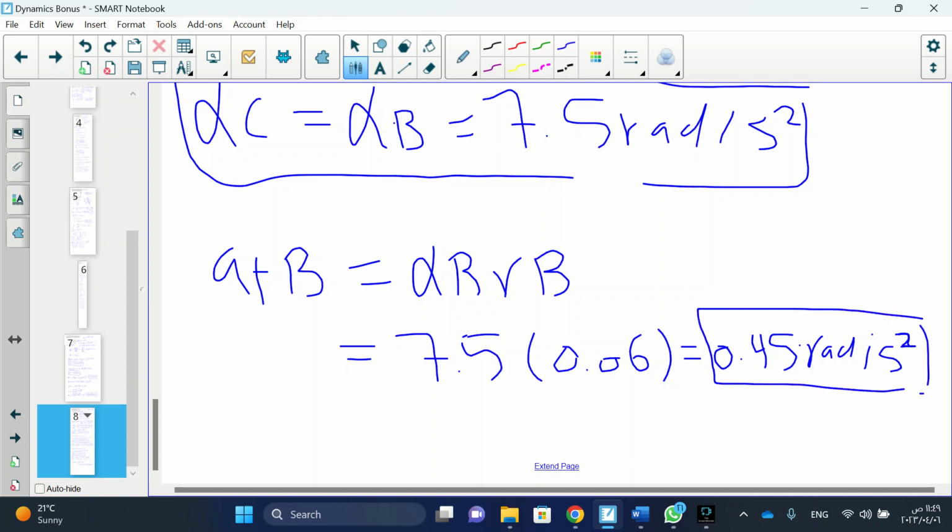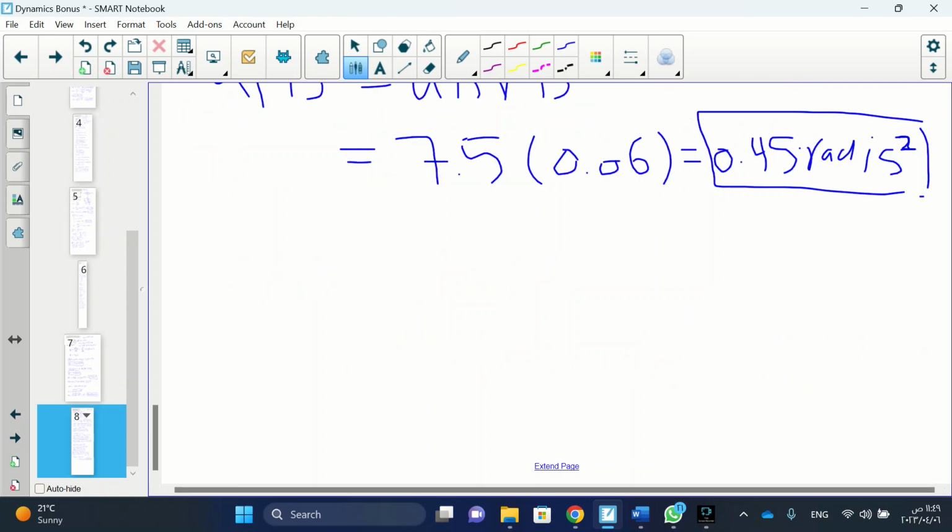So now we got A tangential. We need to know the A normal at B. A normal at B is equal to omega B squared times RB.